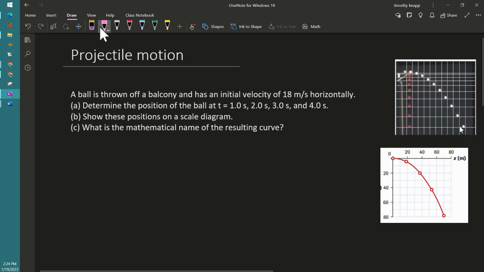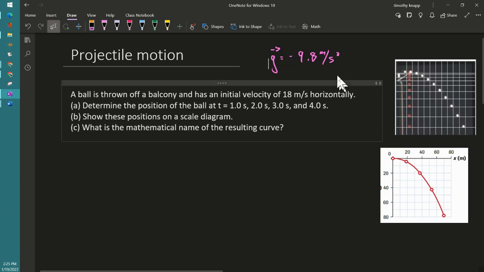Okay? And we all know that acceleration is 9.8 meters per second squared. Oftentimes that's going to be labeled g with a vector, and that's the acceleration due to gravity on planet Earth around sea level.